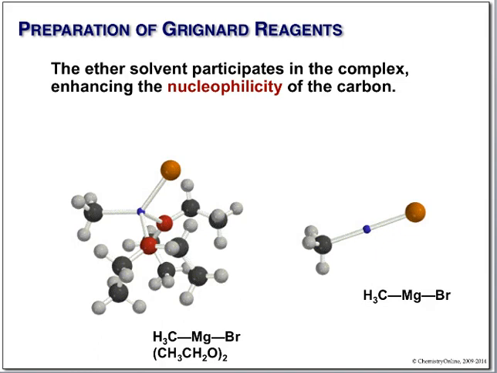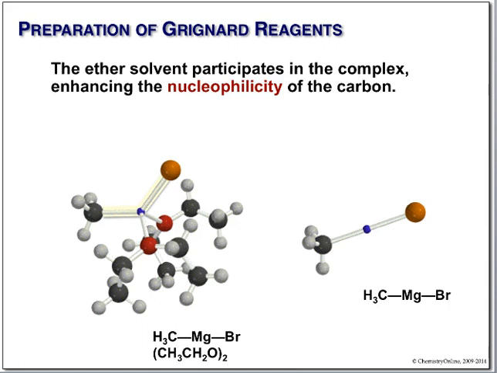This is the methyl magnesium bromide ether complex. If you look, you can see the two ether oxygens here and here, and they are bonded or chelated to the magnesium. Here is our original compound right here. It's gone from linear to a more or less tetrahedral geometry.